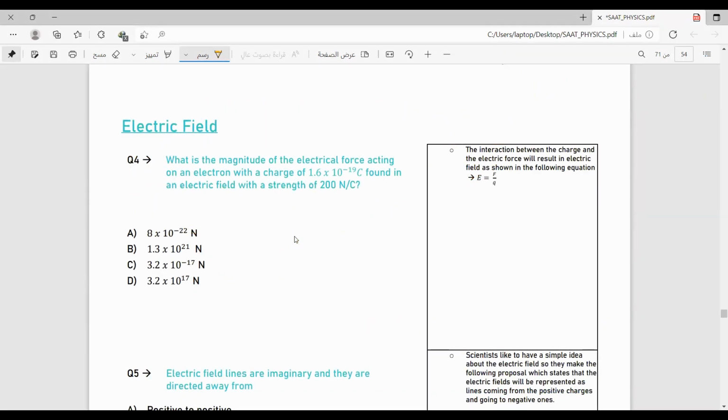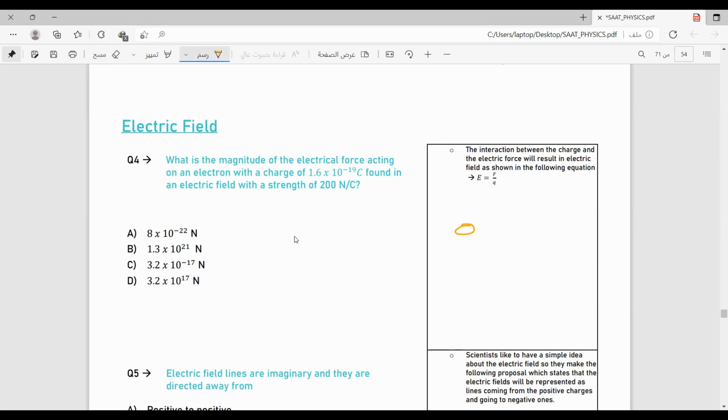The magnitude of the electrical force acting on an electron with a charge of, okay, let's just see what the electric field is. Electric field is like the area around the charge. Actually, it's like lines coming from the charge itself.